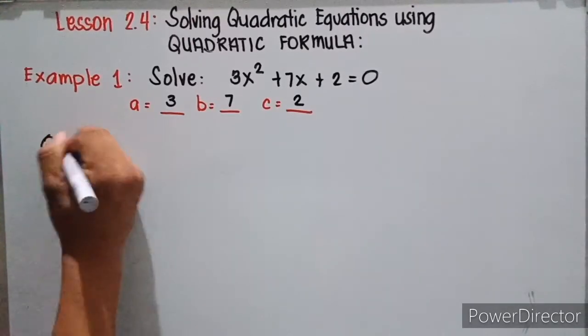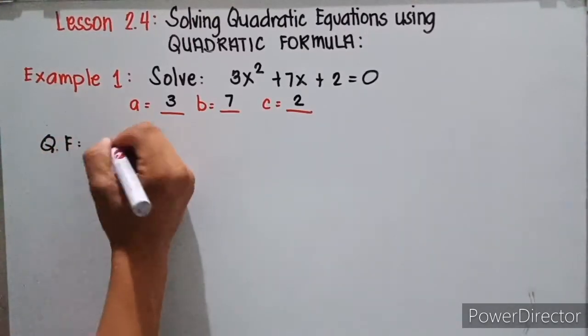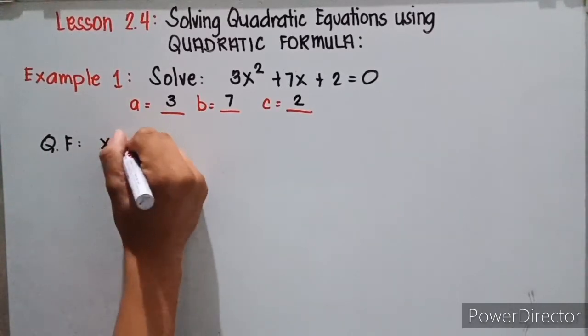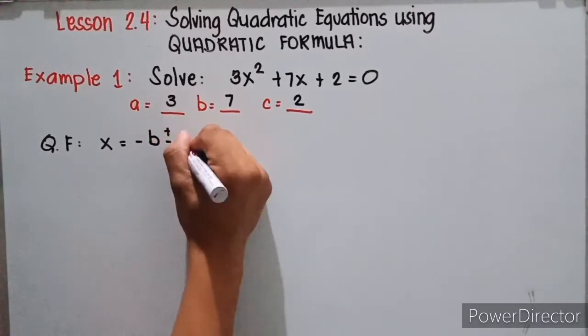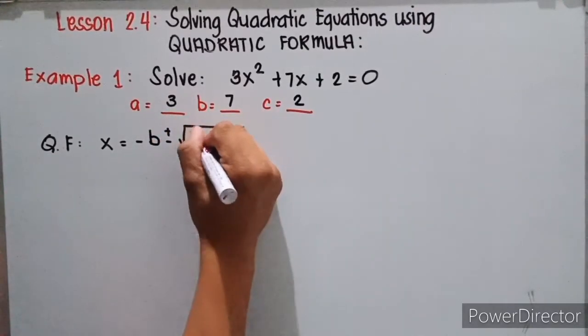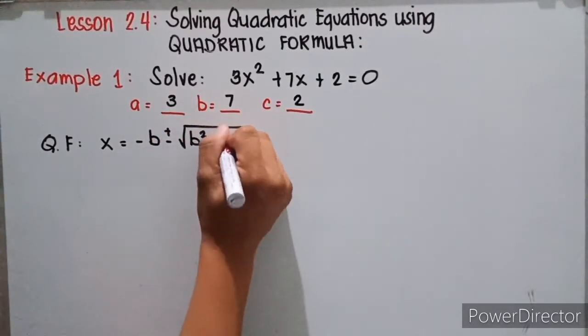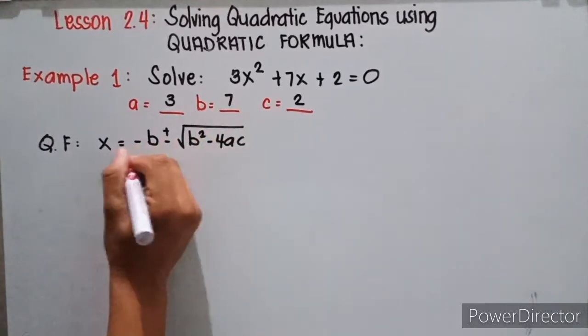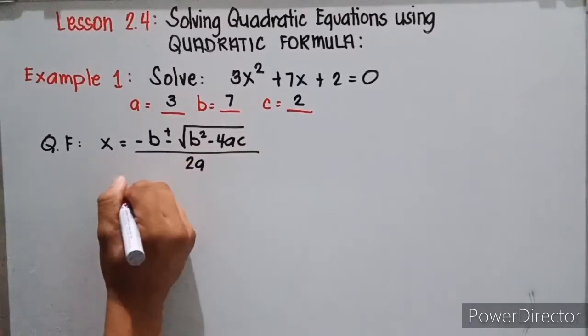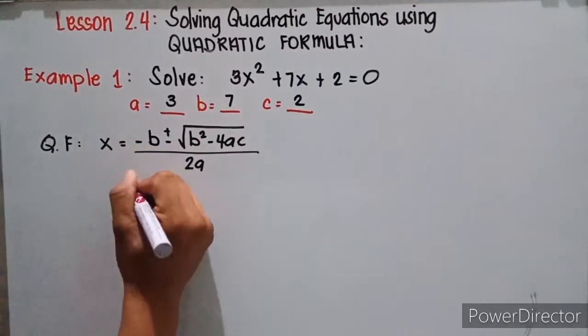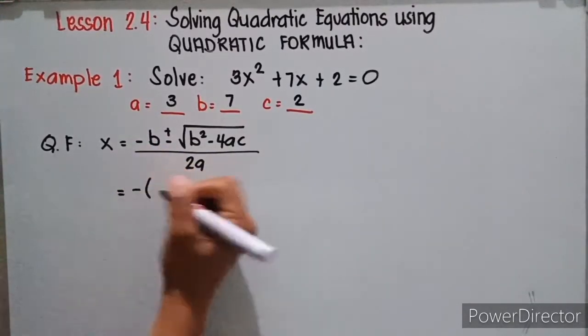So our quadratic formula is x equals negative b plus or minus square root of b squared minus 4ac all over 2a. This is equal to, so do not forget the negative. Then what is our b?